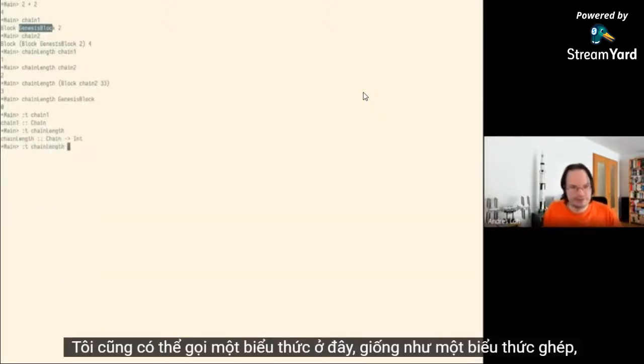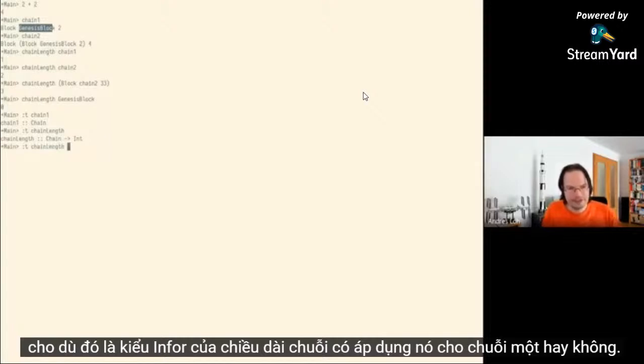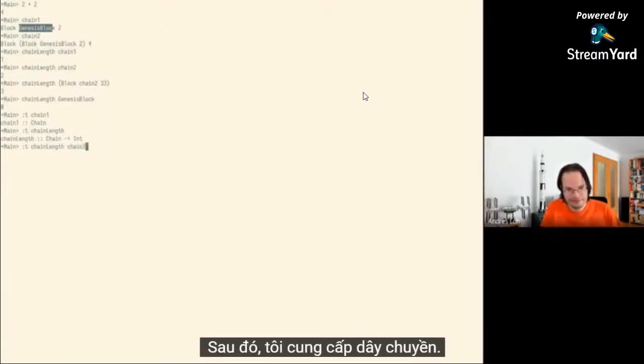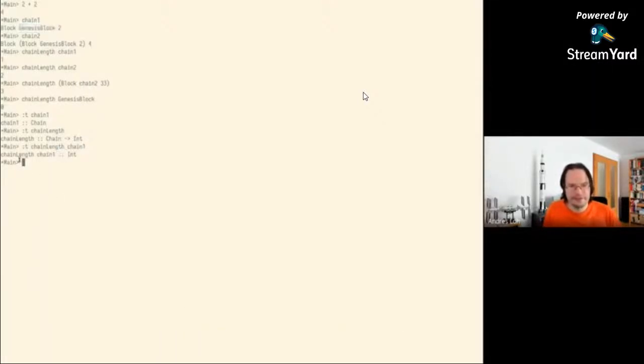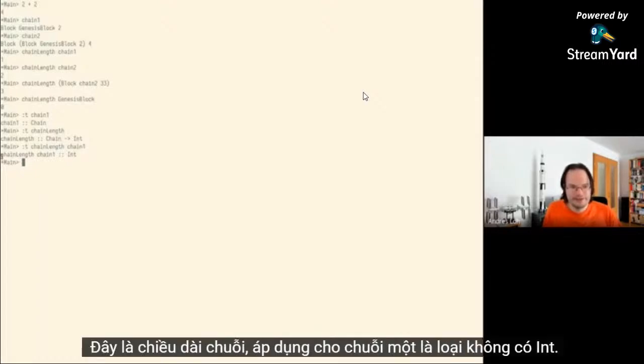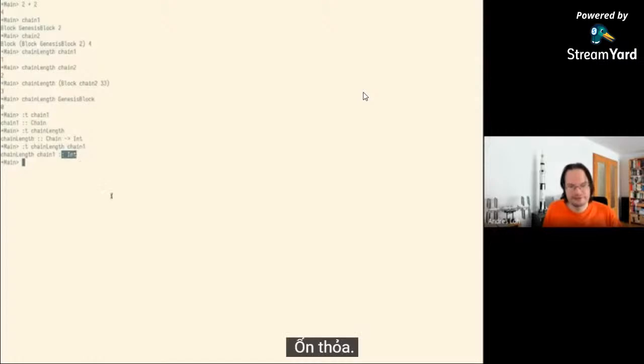If I ask what is the inferred type of chain length applied to chain 1, then I've supplied the chain, then the result is an integer. And again, this double colon always reads "is of type". So you can read the answer here as chain length applied to chain 1 is of type Int. Right? It is an integer.